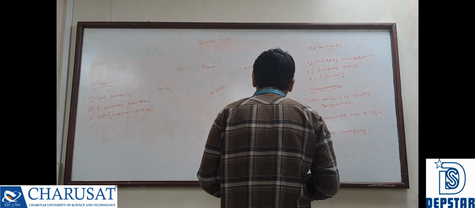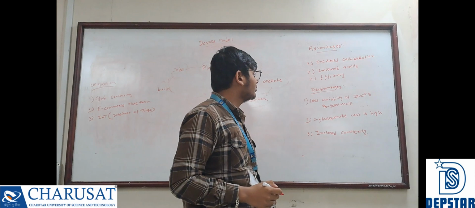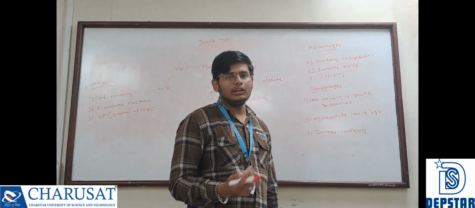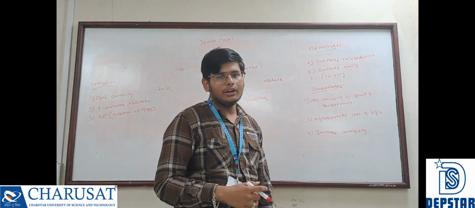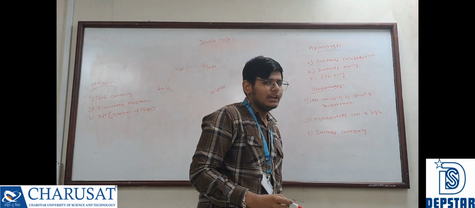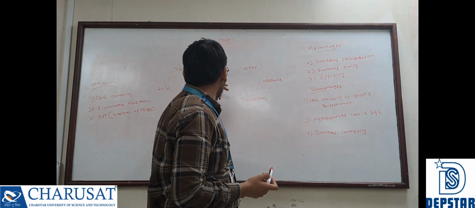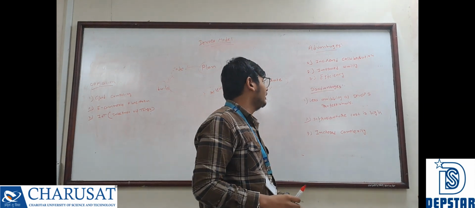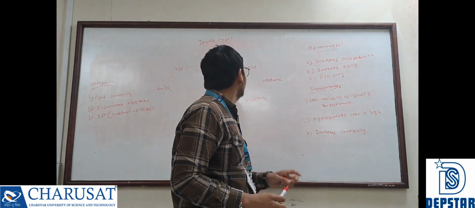The advantages of the DevOps model are increased collaboration between the development team and the operating team. Then the second is improved quality. They test this application while writing the code, so they improve quality. Efficiency is also a DevOps quality.